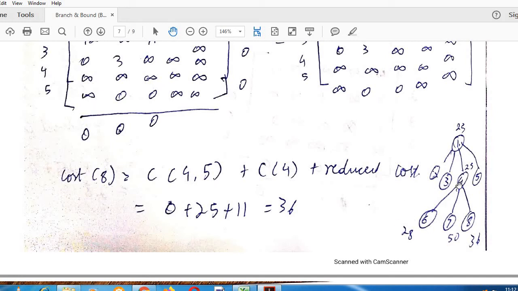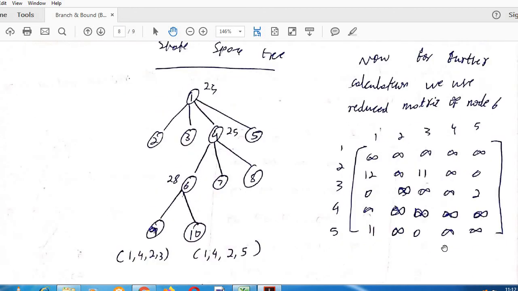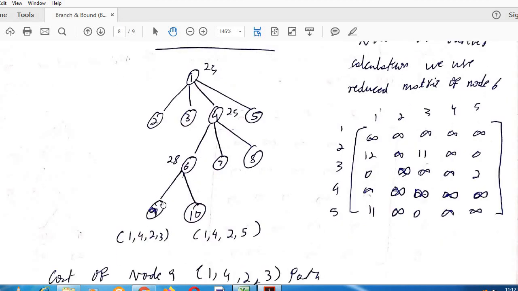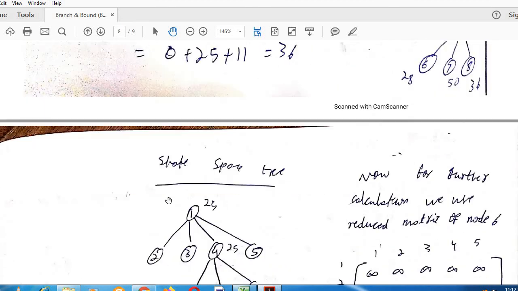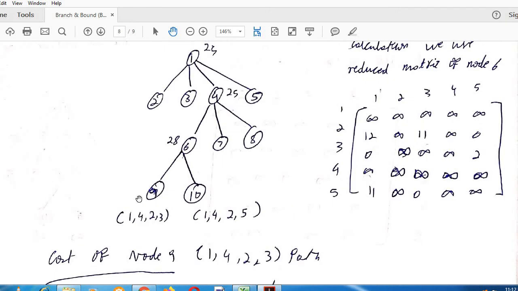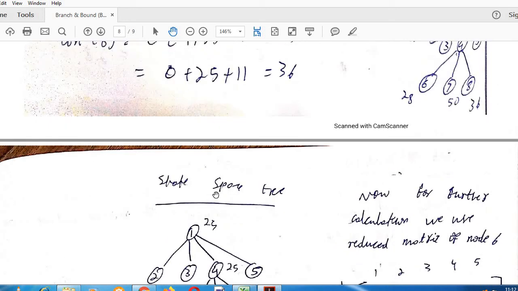So after node 1 to node 4 and node 2, I can travel from node 2 to node 3 as well as node 5. So I will get two more paths, node 3 and node 5. Node 3 will be represented by node number 9 and node 5 will be represented by node number 10.